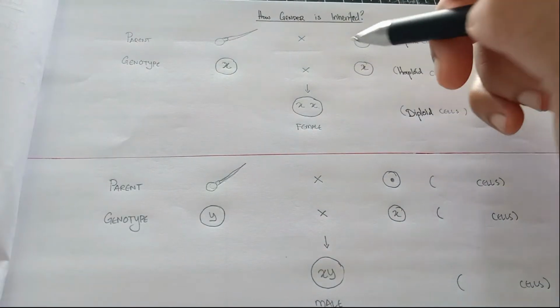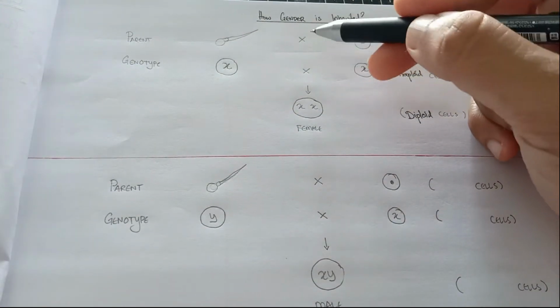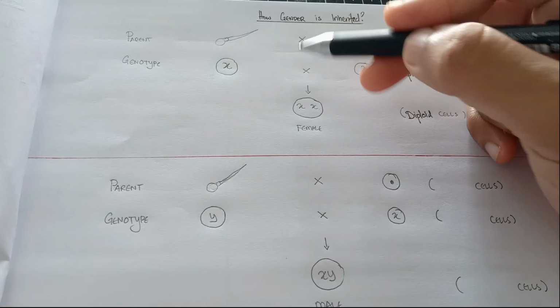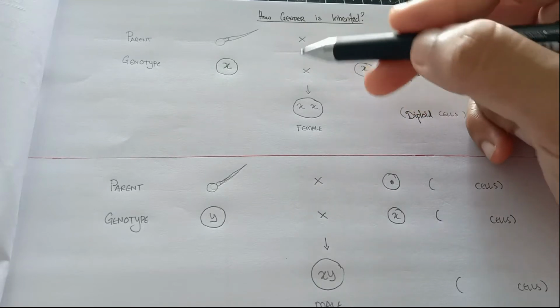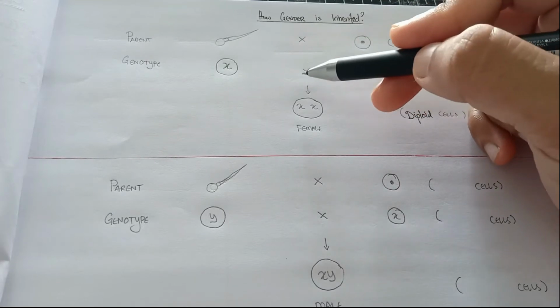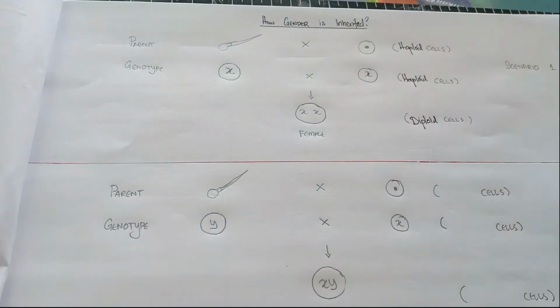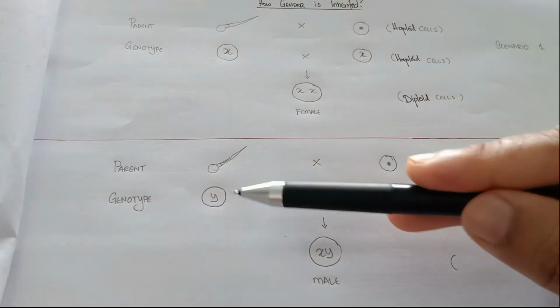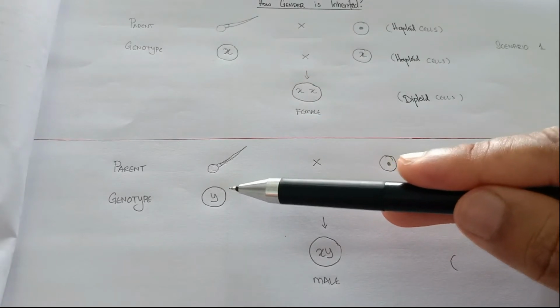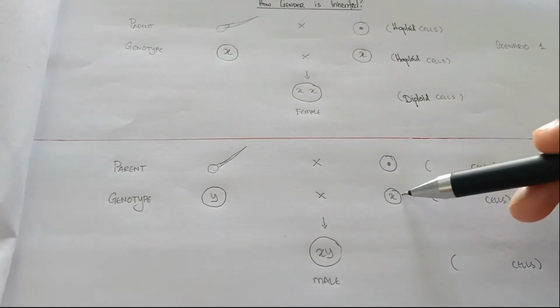The crosses that you see here are fertilization. In biology terms, this X means marry, or cross. In terms of gametocytes, this is fertilization. In the second scenario, you have a sperm carrying the Y chromosome and the ovum carrying the X chromosome.